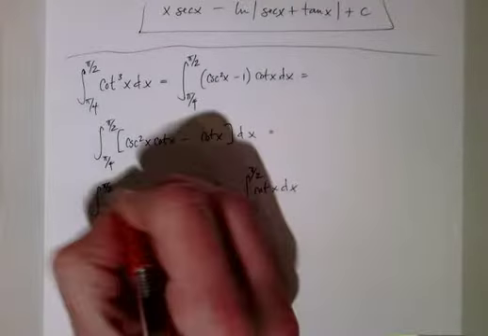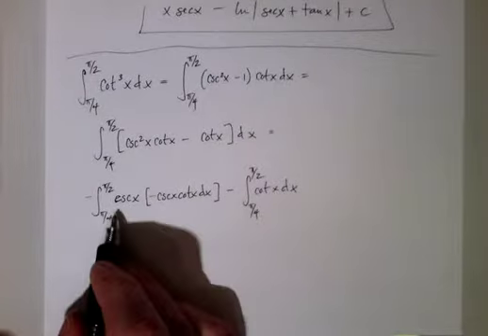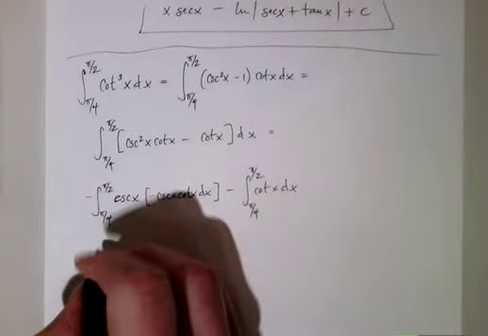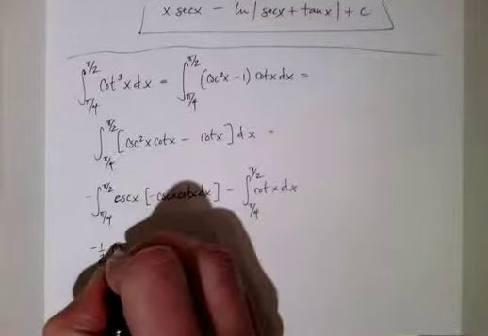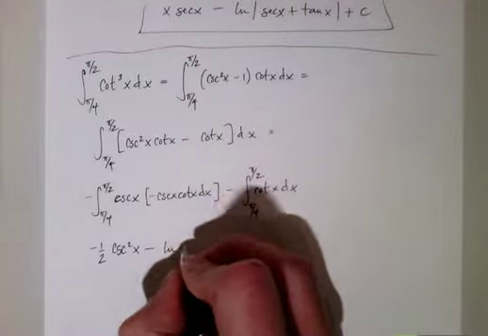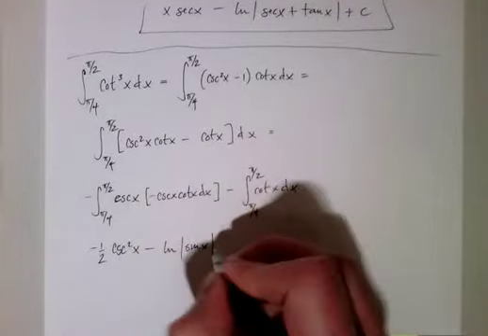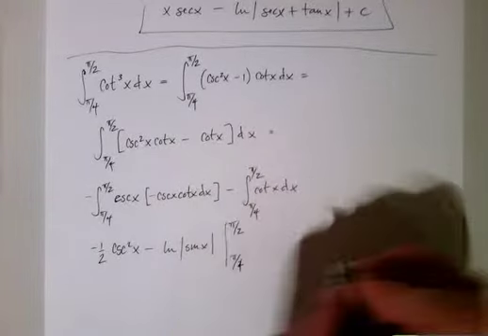Well, here's the thing. This winds up being negative, that winds up being negative, and so that winds up being u du. So what we have here is negative 1/2 u squared minus natural log of sine x from pi over 4 to pi over 2.